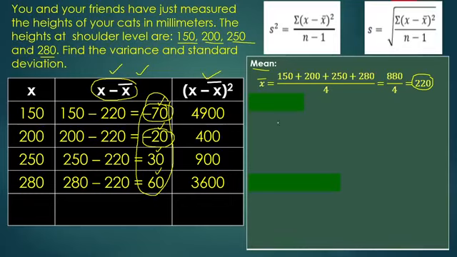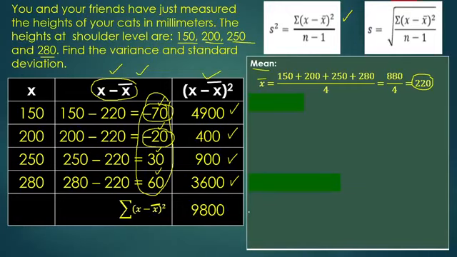Okay, next thing to do, let's go to our formula. Do this one, the numerator. So you do the numerator, meaning I will be adding this, this, this, and this one. Add all the square deviations. So what is 4,900 plus 400 plus 900 plus 3,600?